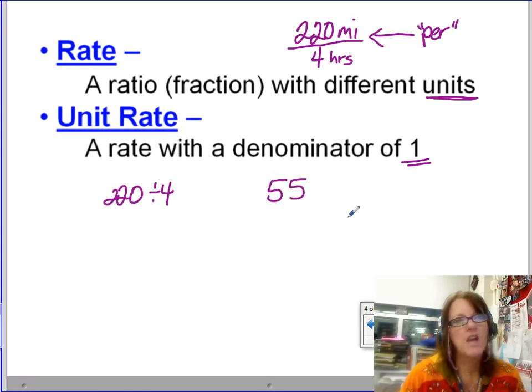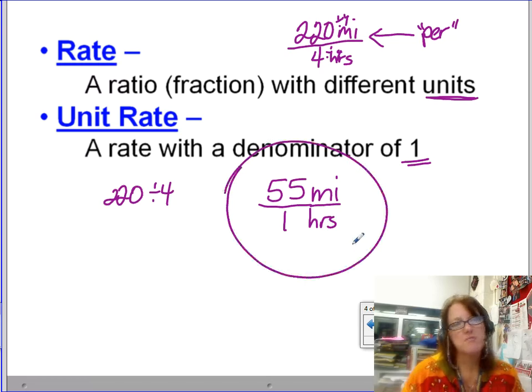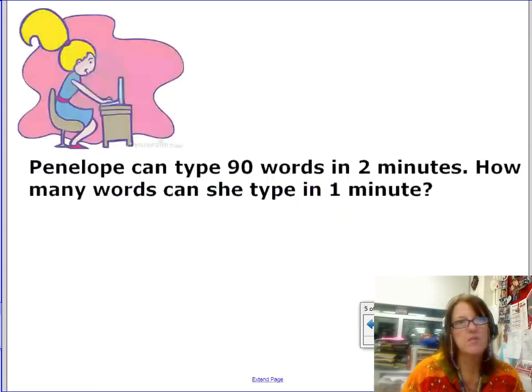And 55 is like 55 over 1. In a sense, you're dividing the numerator by 4 and the denominator by 4. You end up with 55 over 1, and keep those labels, miles and hours. Here's a unit rate. My average speed was 55 miles per hour, per 1 hour. There's where that word per really makes sense. That's what a unit rate is.